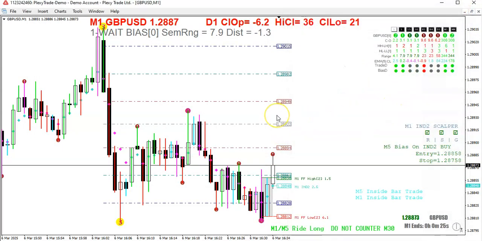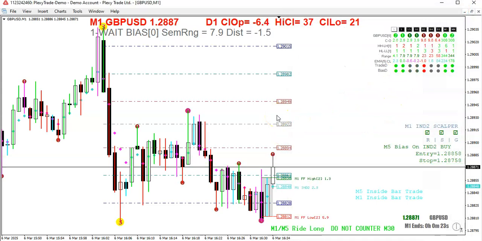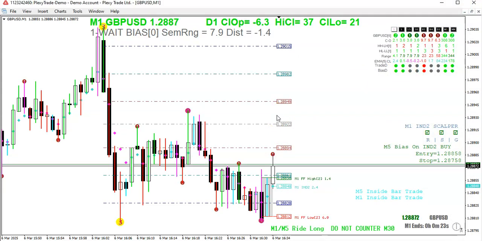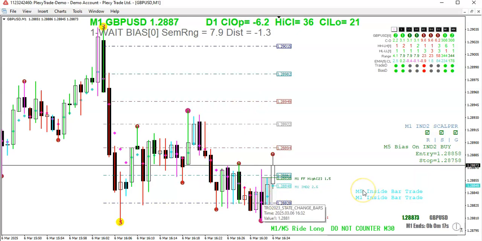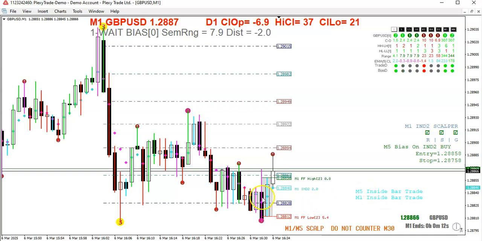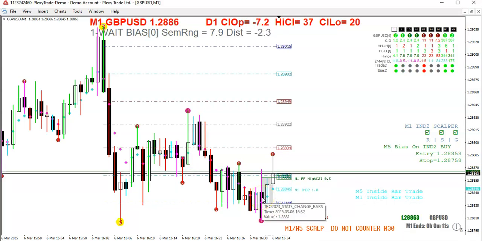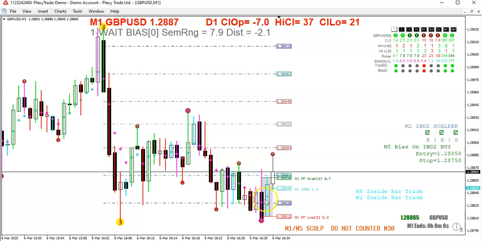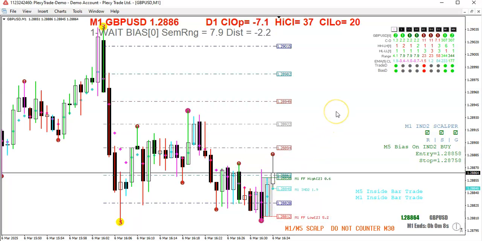So first, let me tell the traders what a flip-flop is. It's when the colors of the candle change, or flip-flop. So right here we have a flip-flop when it went from a black candle to a white, or a bearish to a bullish candle.